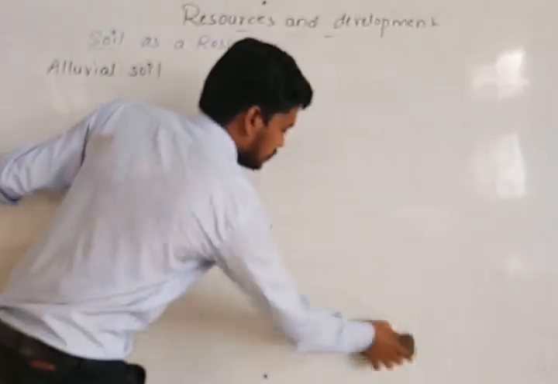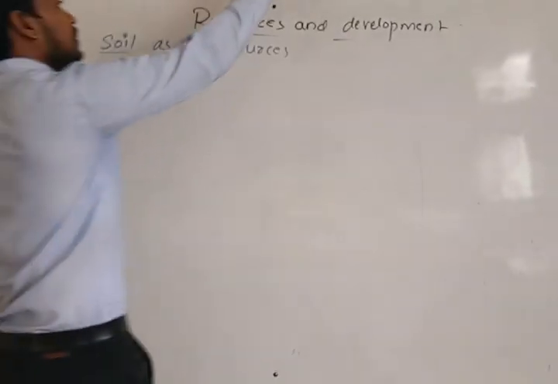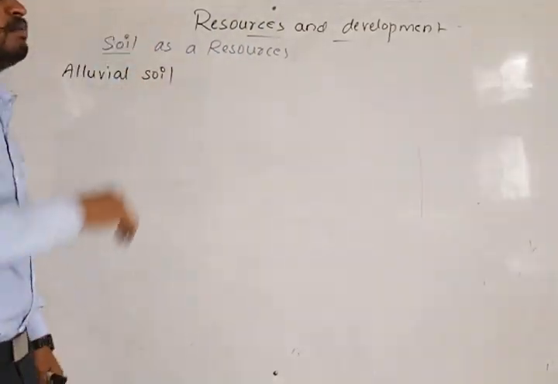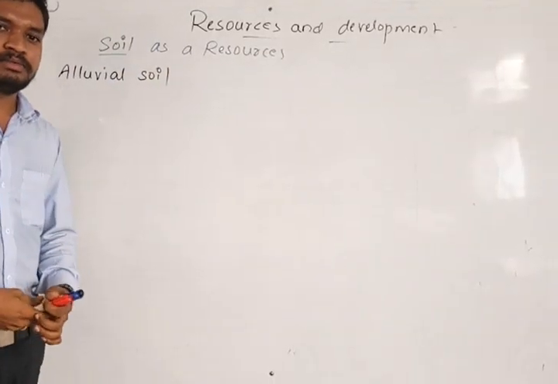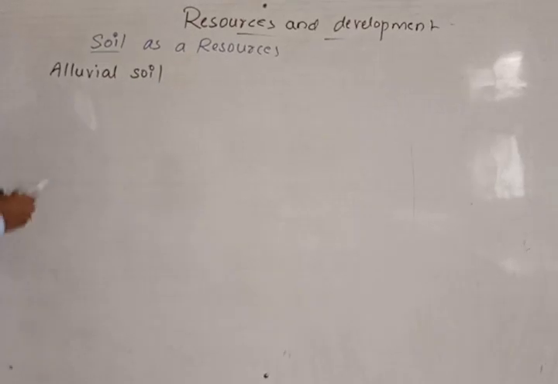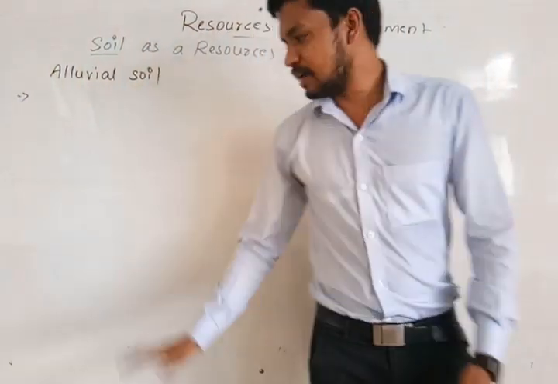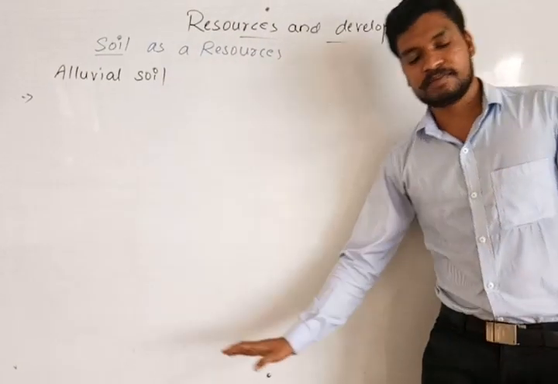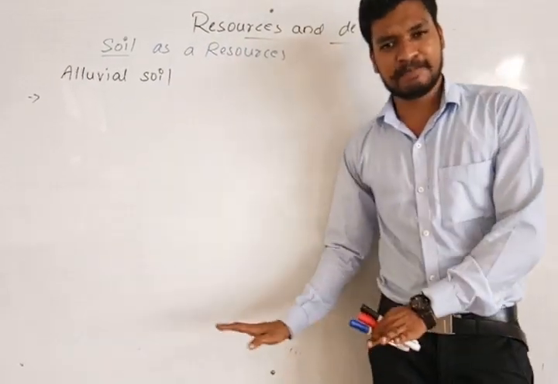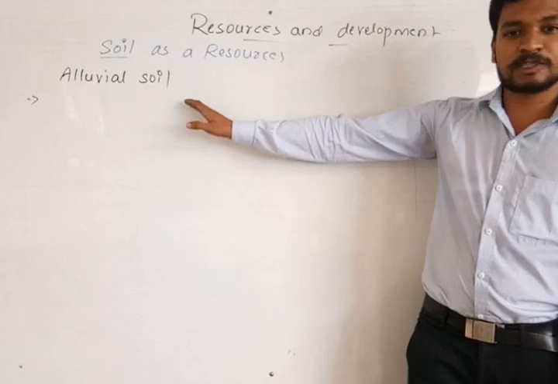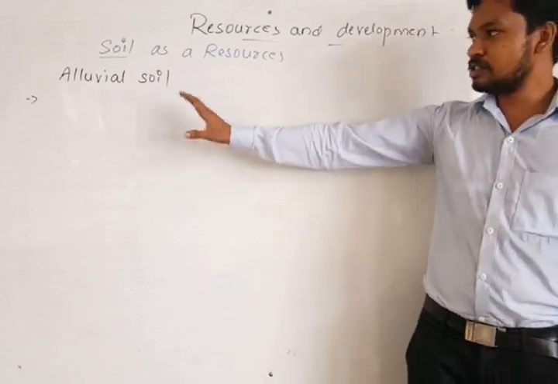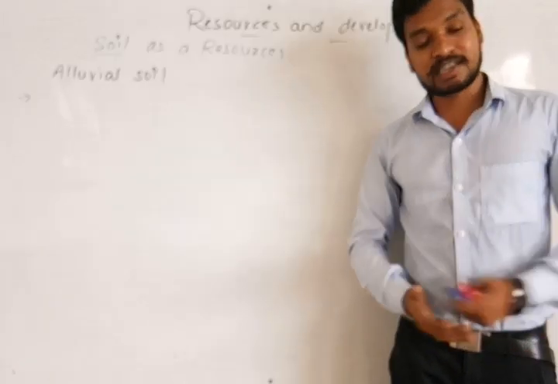So the alluvial soil is the most fertile soil of all the other soils. Other soils have fertility, but alluvial soil has more fertility, because it will always be in contact with water.